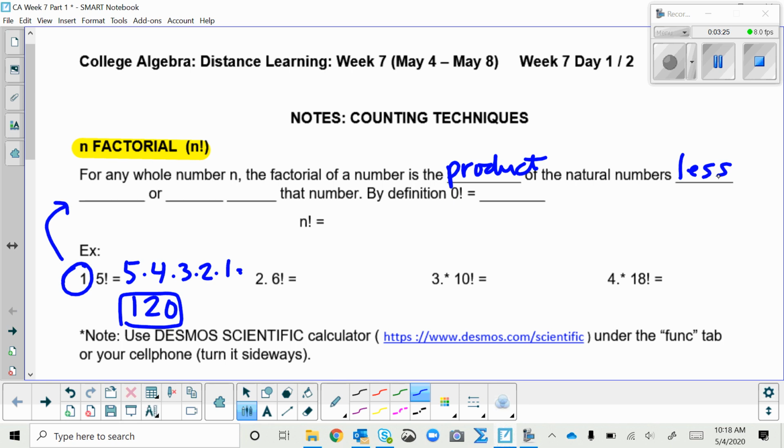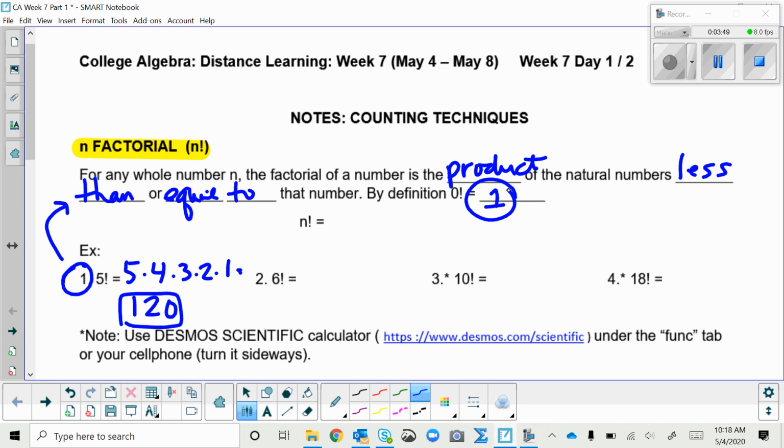You don't include 0. The natural numbers less than or equal to that number. By definition, 0 factorial is 1. So it will always be 1 anytime you see a 0 factorial.